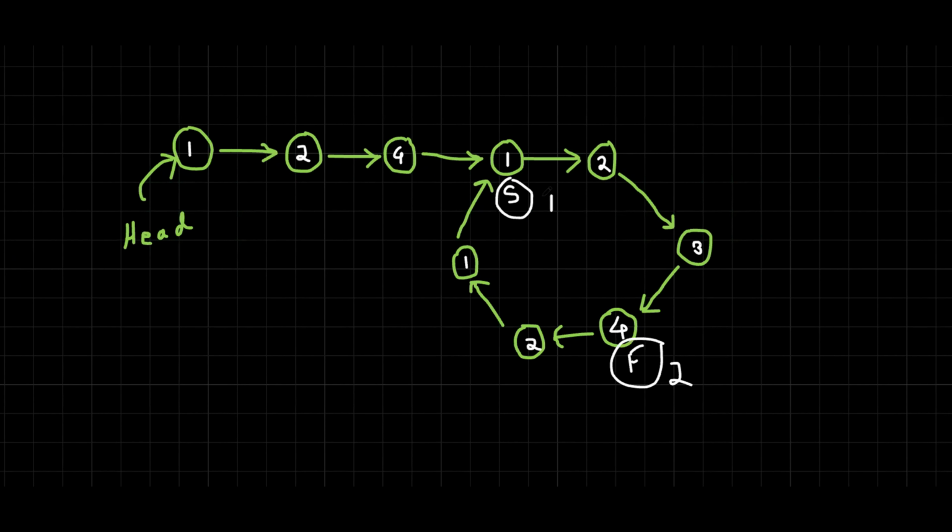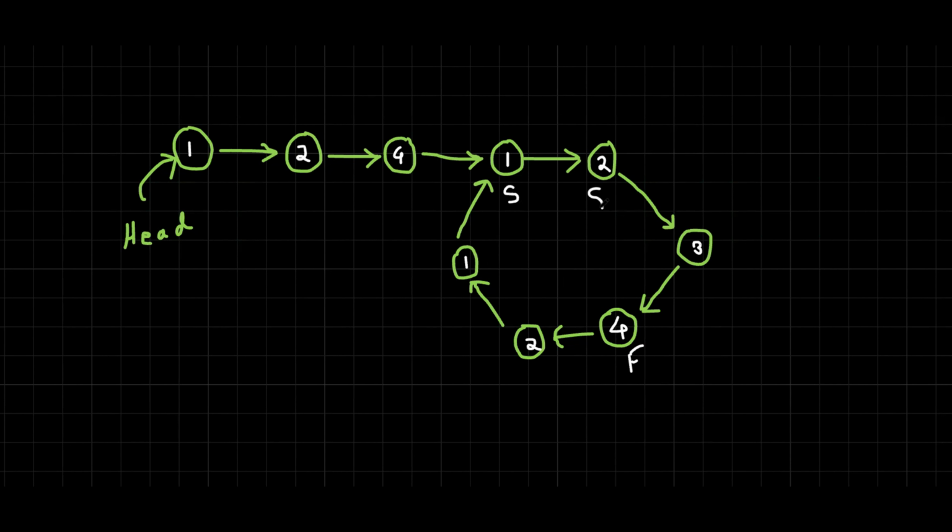According to the hypothesis, in any cycle, if the speeds of both pointers are not equal, these two pointers will meet after some iterations. And if the speeds of both pointers are equal, then it is not possible for the pointers to meet once again.